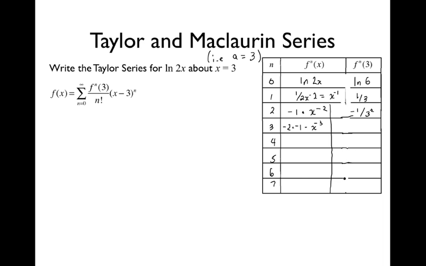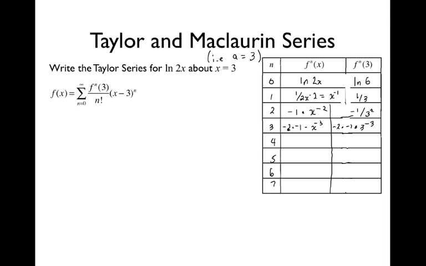Okay, so what we have is negative 2 times negative 1 times 3 to the negative 3, or over 3 cubed. Fourth derivative. Can we just do it all at once here? So I'll just go right to plugging in 3.